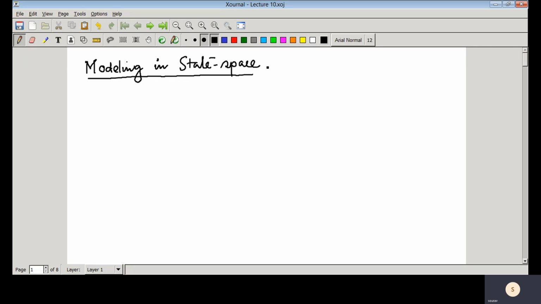So this is the smallest set of variables. Let us see what state variables are.